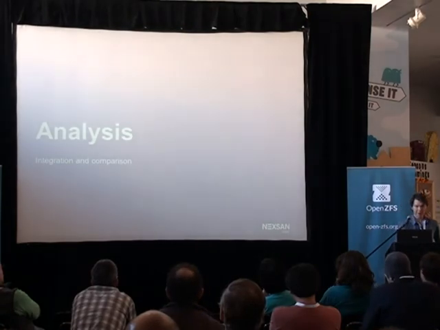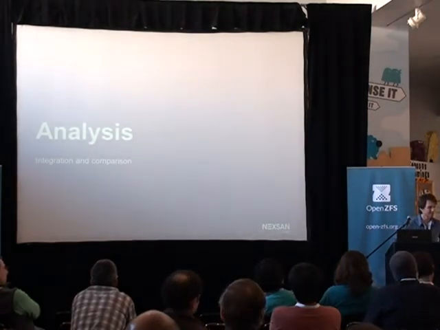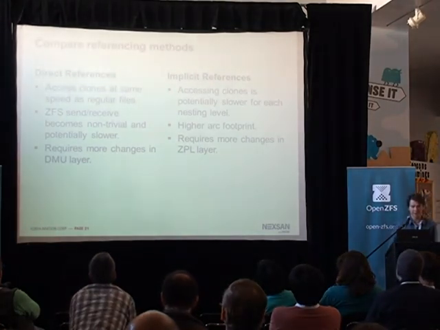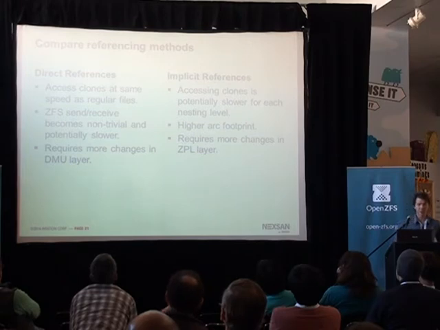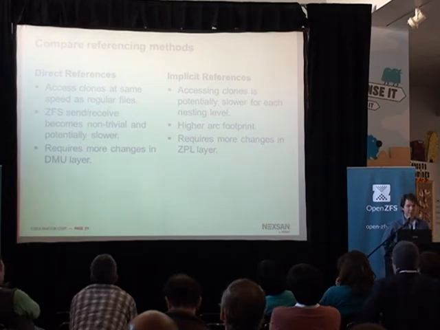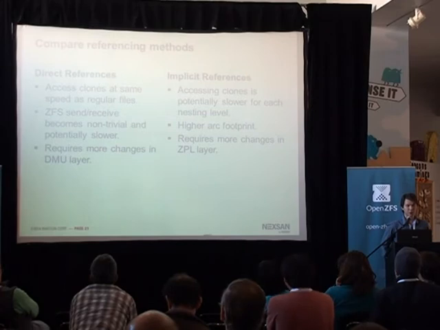So now, here's the analysis. For the analysis, we're going to compare the two methods, direct references and implicit references. The advantage of direct references is that access time of blocks is basically the same as regular files. The disadvantage is that the ZFS receive becomes non-trivial and potentially slower.